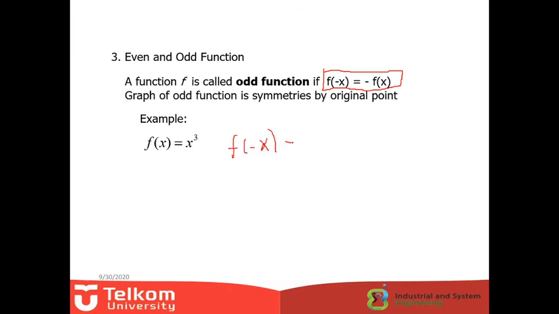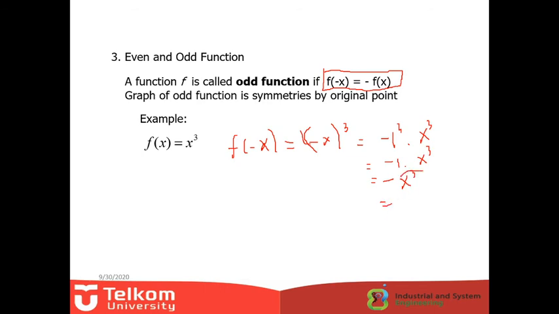what is the meaning? The meaning is minus x to the power of 3. So what is the result? We will get minus 1 to the power of 3 times x to the power of 3, which is minus 1 times x to the power of 3, then equal minus x to the power of 3.